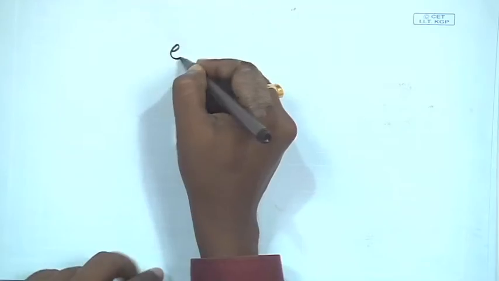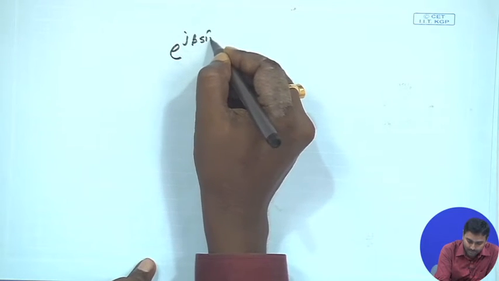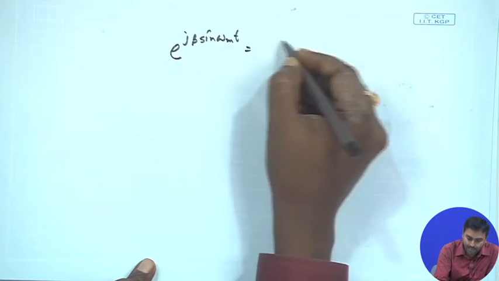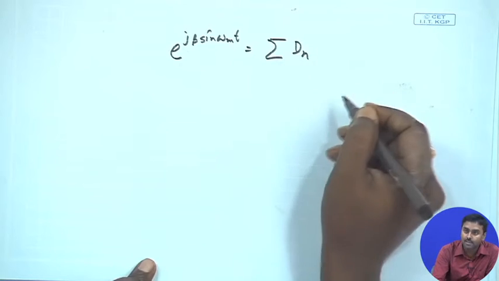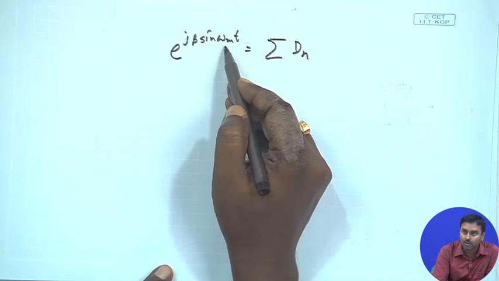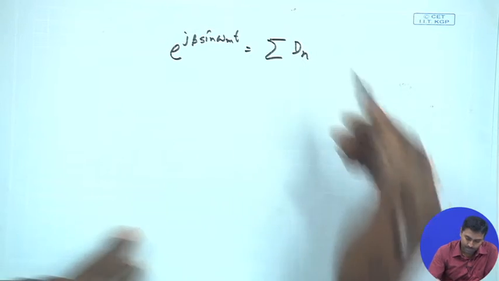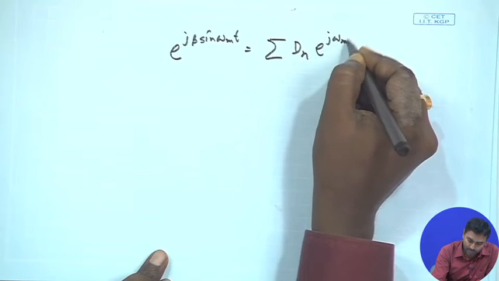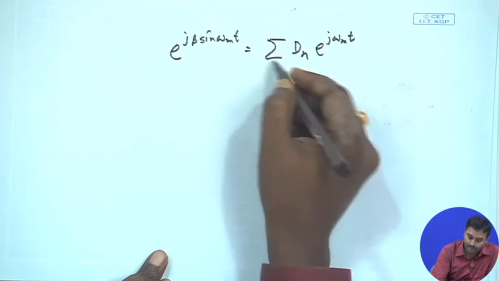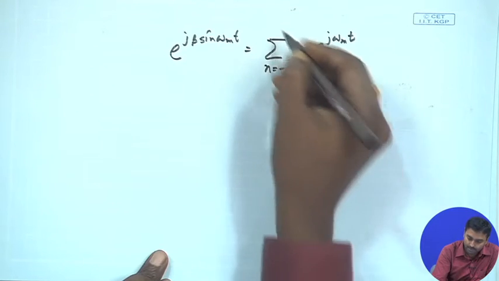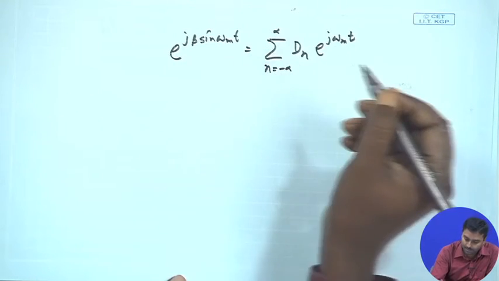So, that understanding tells me that I can write this e to the power j beta sin omega m t as a Fourier series expansion with coefficient dn, and the frequency I know already, omega m. So, this must be e to the power j n omega m t, and this n varies from minus infinity to plus infinity.